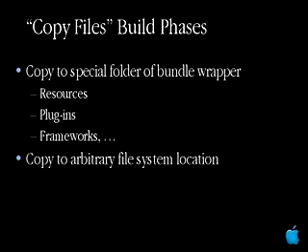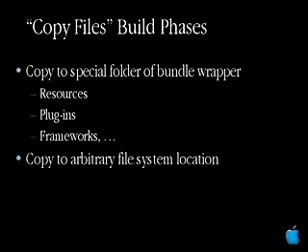If you need a little bit more flexibility, you can actually add a build phase to copy arbitrary sets of files or folders to arbitrary places in the file system. You can either copy it into special folders inside of the bundle that you're building. For example, if you're building an application, that's packaged as an application wrapper in Mac OS X, and it has various sublocations. So for example, if you're packaging frameworks together with your application, they will go into a frameworks subfolder.